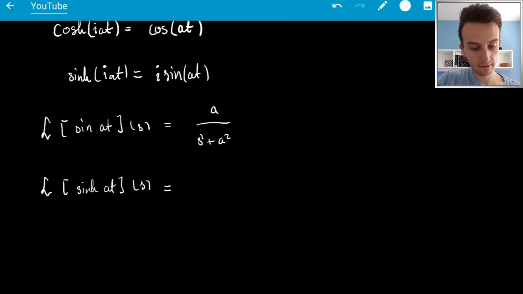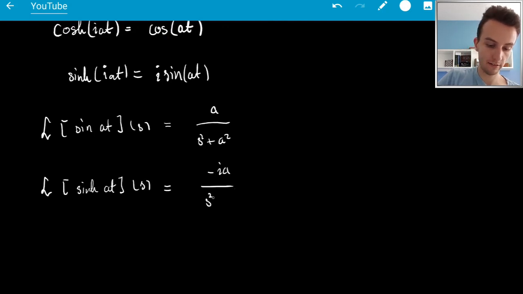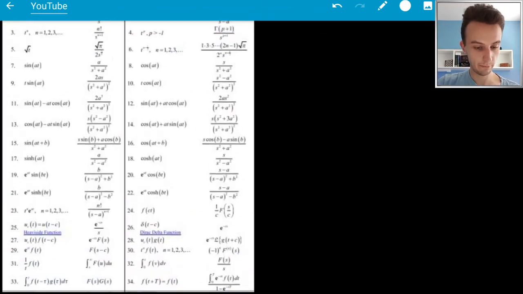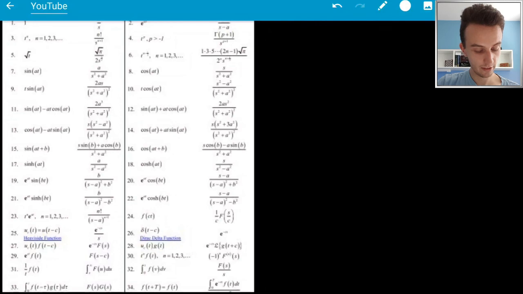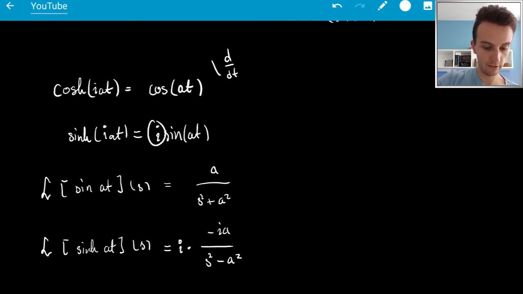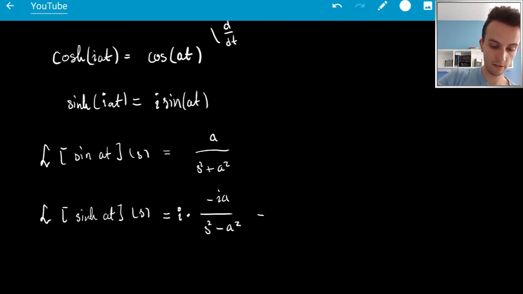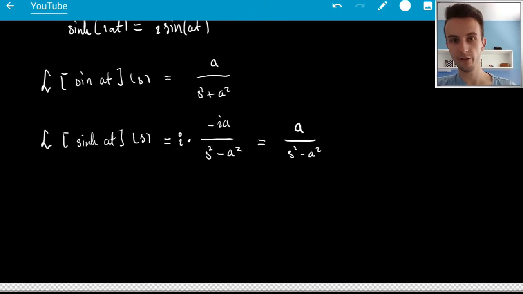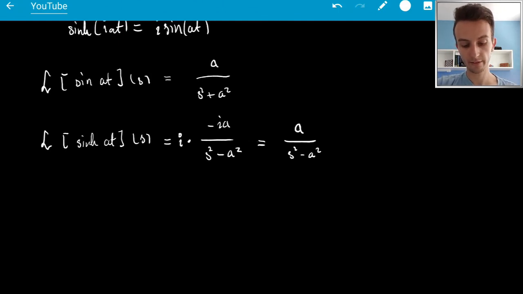So you replace a by minus ia, and you would get minus ia over s squared minus a squared. That should either be good, or maybe I mixed up a minus sign. So sinh at, it's just a over, sorry, I forgot the i here. So i times minus ia, yeah, and then that's a over s squared minus a squared. Yeah. So this is basically how you do it. I will make sure that nothing screws up, and for cosh it will also be like this. Just s over s squared minus a squared for cosh.